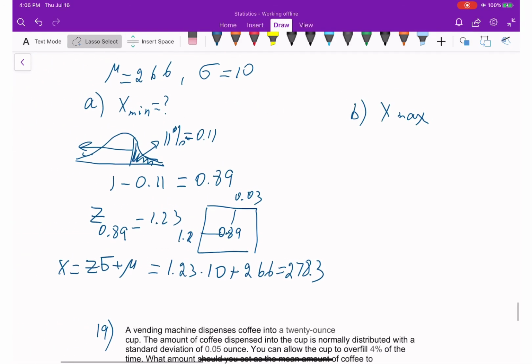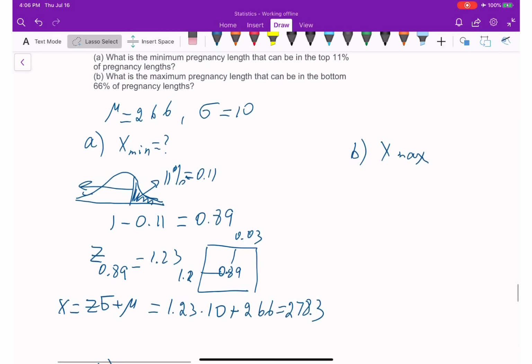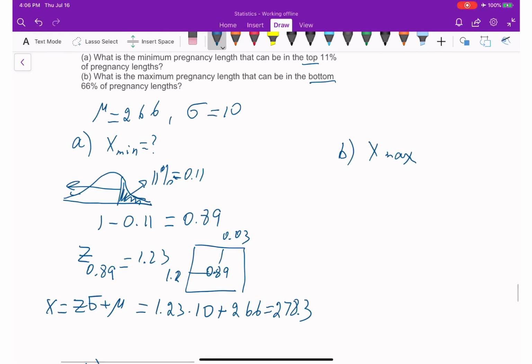Now let's do the second one, X maximum. So this time we want bottom, right? Here was top, right tail. Here we are going to do bottom. So for the bottom, 0.66, it is going to be bottom, so this is your 0.66.